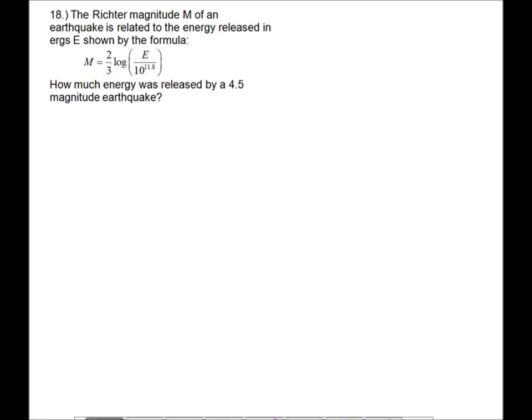Alright, what we want to do here is, it says the Richter magnitude M of an earthquake is related to the energy released in ergs E shown by the formula. How much energy is released by a 4.5 magnitude earthquake?